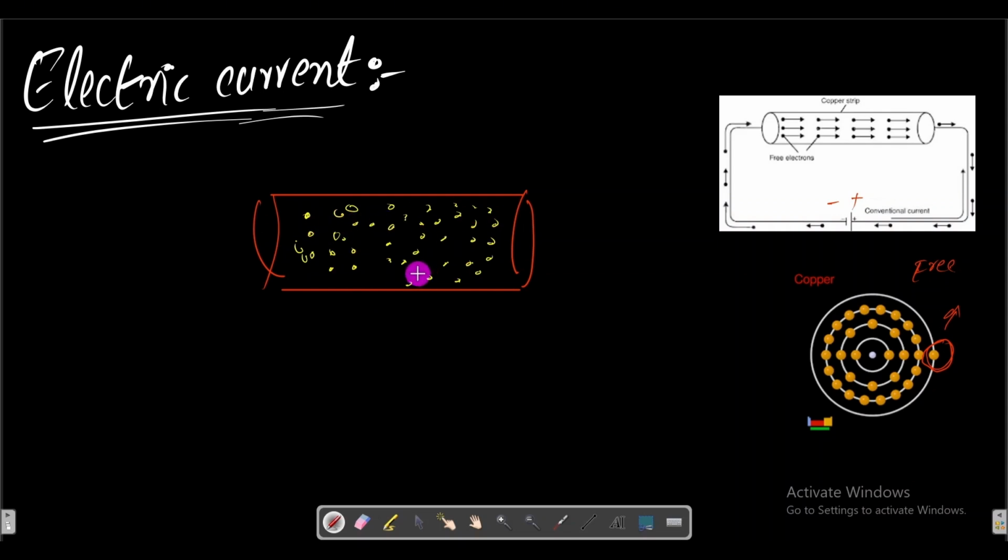By sea of electrons I mean the free electrons contributed by the copper atoms, because this is the copper strip.